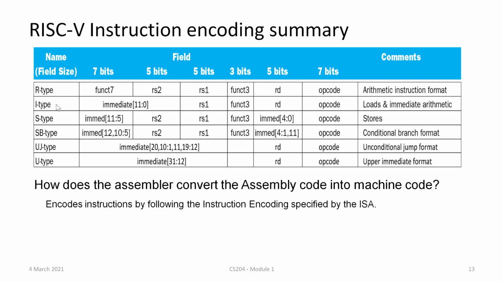And if we have many different instruction encodings, obviously the hardware will become complex. So for any RISC style ISA, the instruction encoding will be limited to very few types. But in a CISC style ISA, the instruction encoding can be much more diverse.